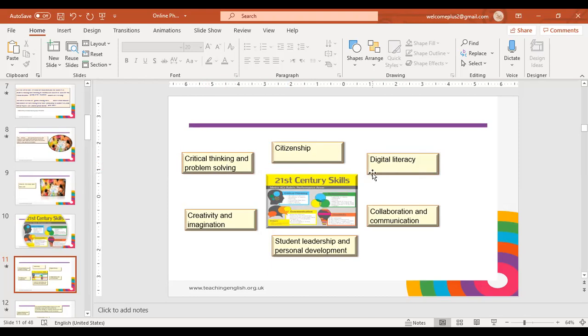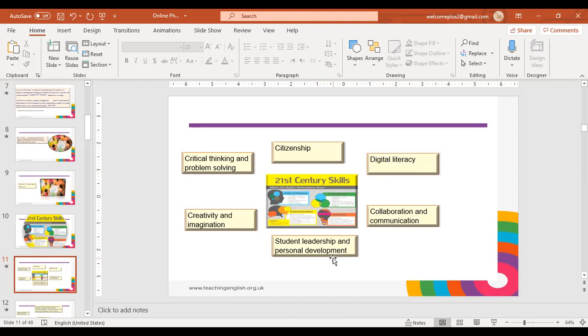And we have here also digital literacy, because those students are already born with their mobiles or tablets with them. Collaboration and communication, because they're going to use them all over their life, at school, at home, in the streets, and everywhere. Students' leadership and personal development.